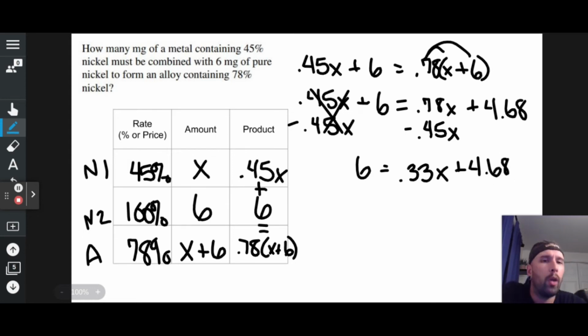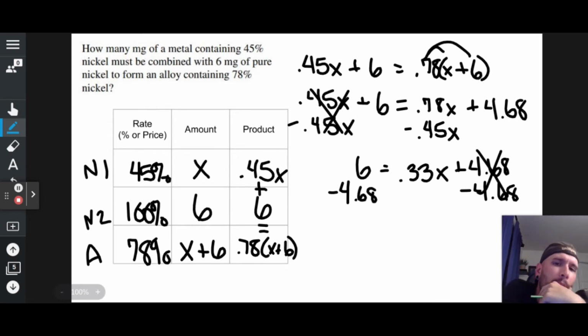I'm going to subtract 4.68 from 6, so minus 4.68 from both sides. 6 minus 4.68 is 1.32, and that equals 0.33x.